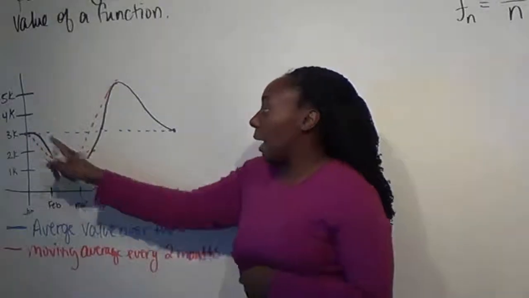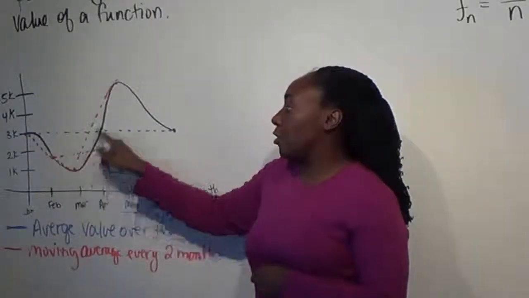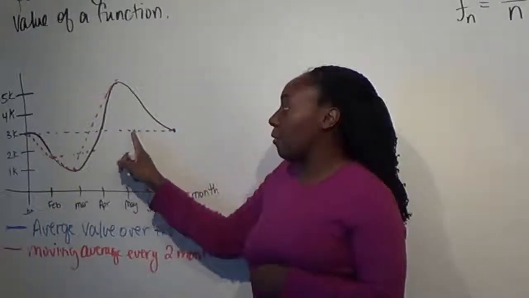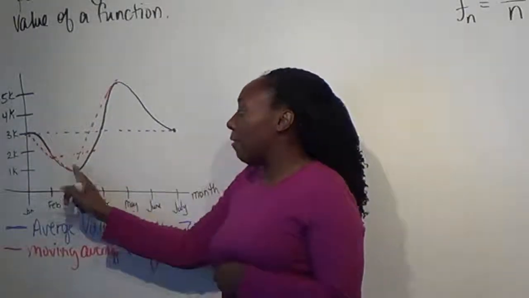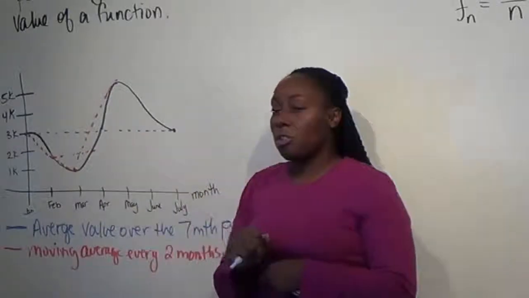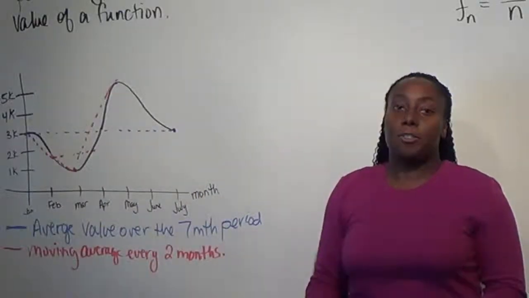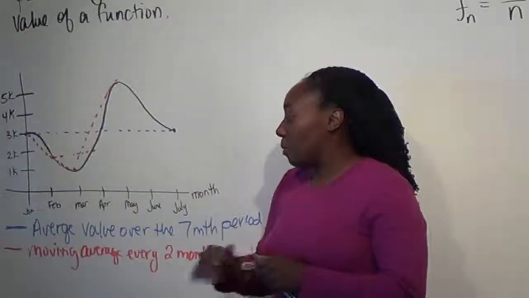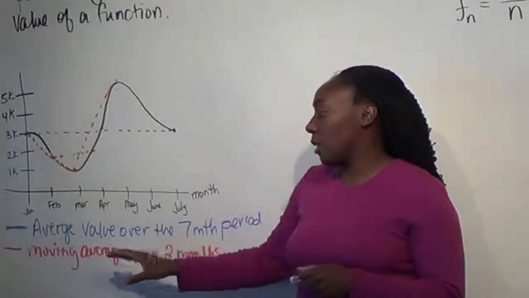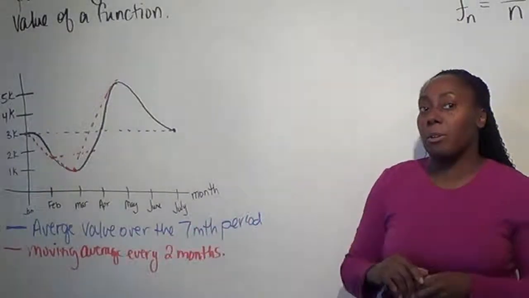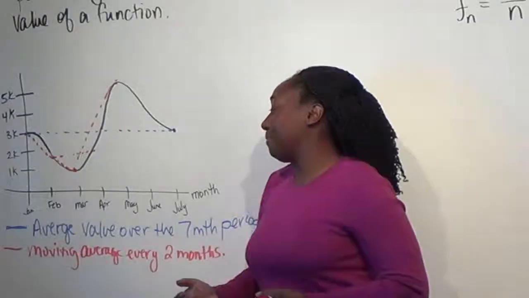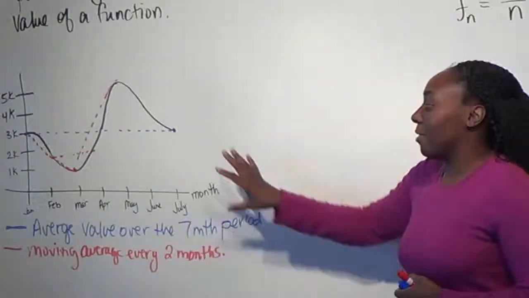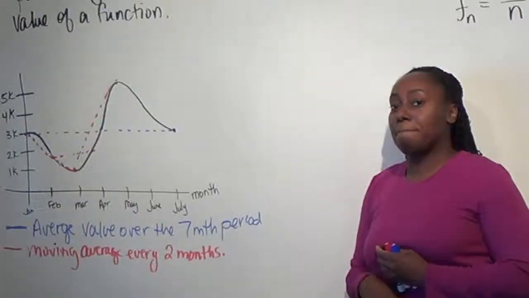And so you can see that the averages for each of the 2-month periods, first off, are very different than the 7-month average, but also from every 2-month period to the next 2-month period, they're going to change. And so that's what this moving average is. It's the changing averages from each of the subperiods to the next successive subperiod. Okay? All right, so there's kind of what we mean pictorially.